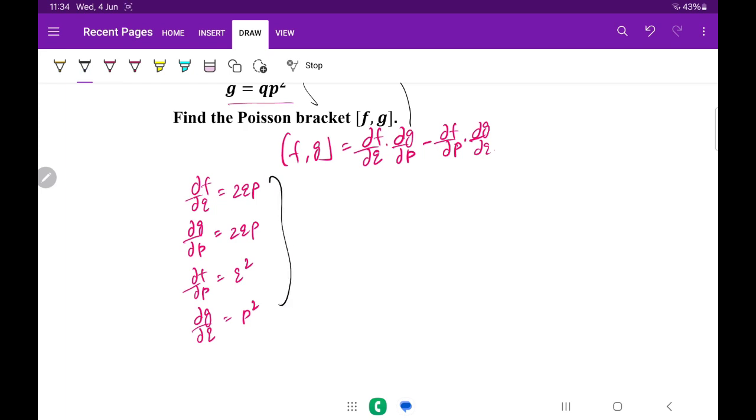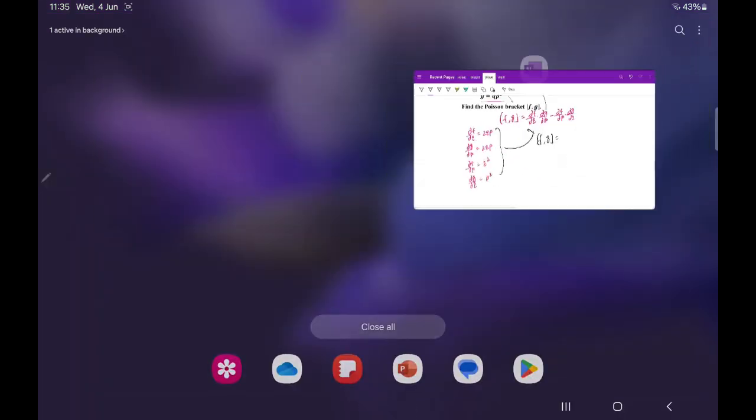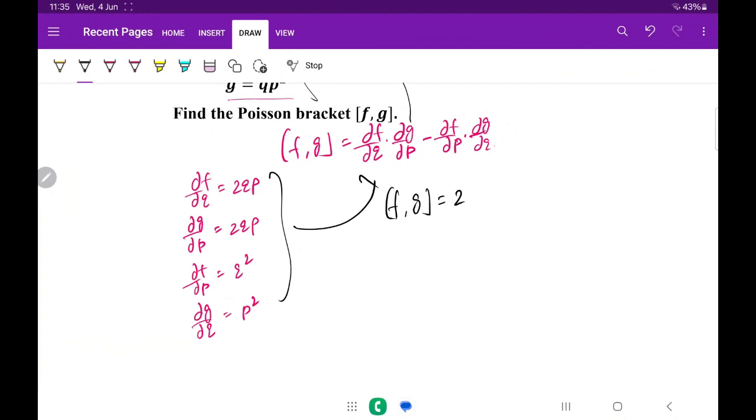Now just plug in these values, and simplifying, you will get f comma g is equal to 2qp into 2qp minus q square into p square. If you simplify it, you will get 3q square p square.